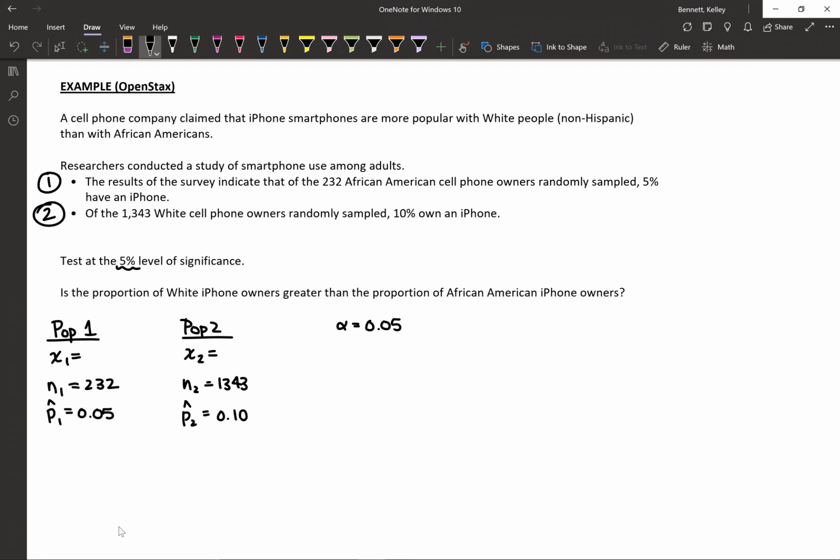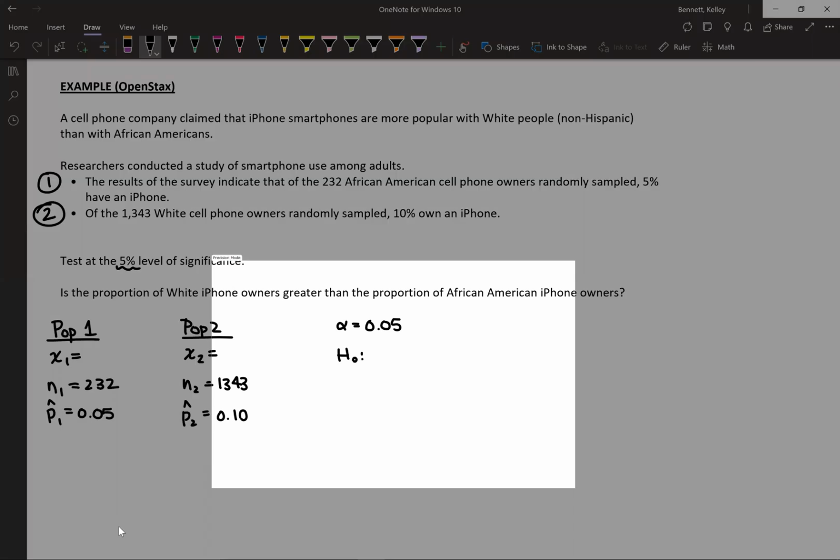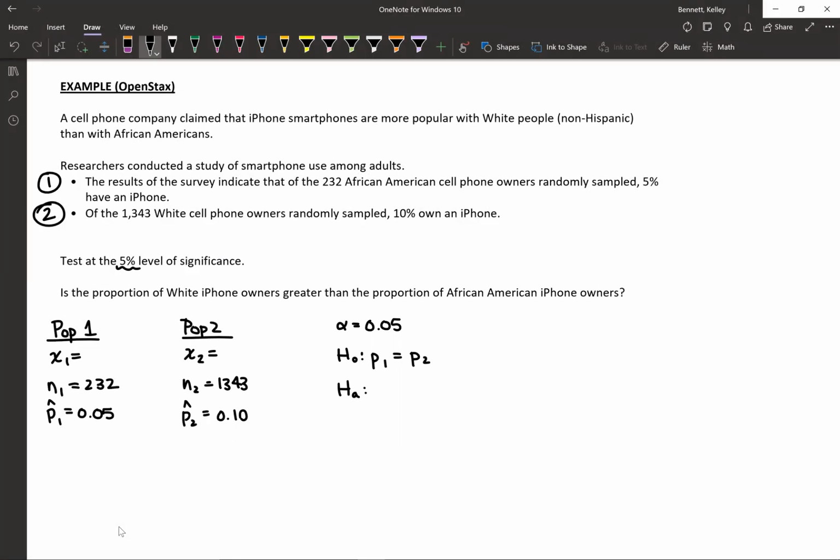All right, we know the null hypothesis is always the assumption of no difference between variables, i.e. the proportions are the same for both populations. Now, what are we testing? The cell phone company claimed that iPhone smartphones are more popular with white people than with African Americans. And so that's what they're trying to show.